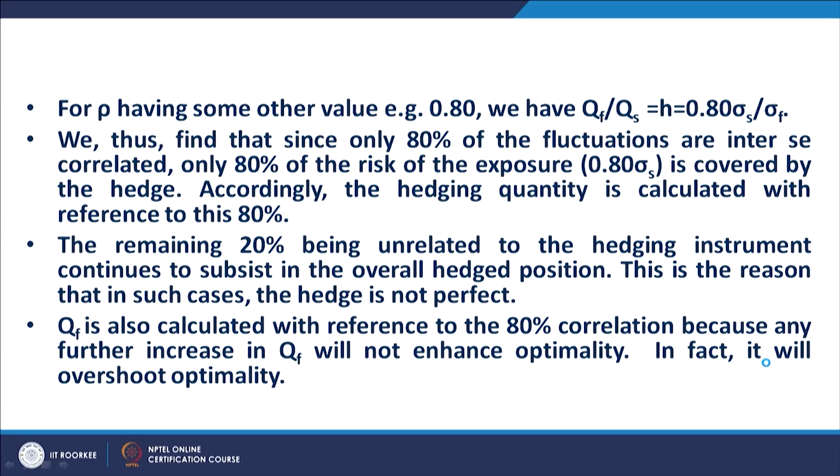For example, if the spot prices have a standard deviation of sigma S, then rho sigma S is the proportion of the total risk that can be hedged, and the minimum variance hedge ratio is computed according to the rho sigma S that is to be hedged.